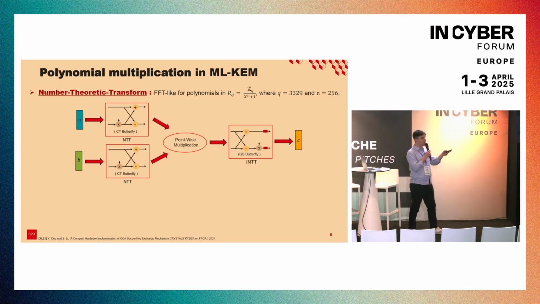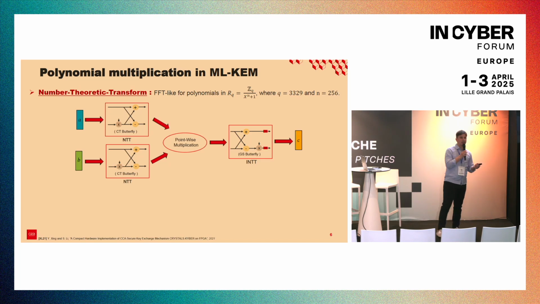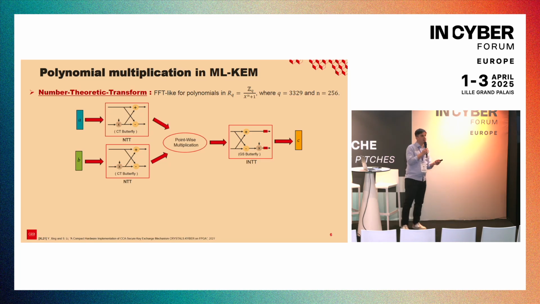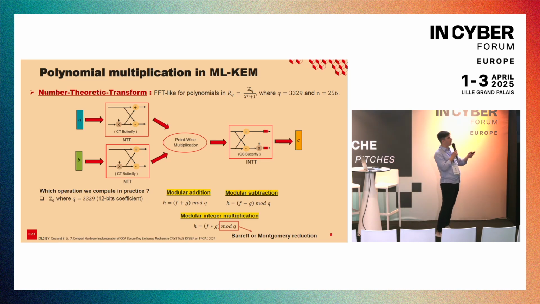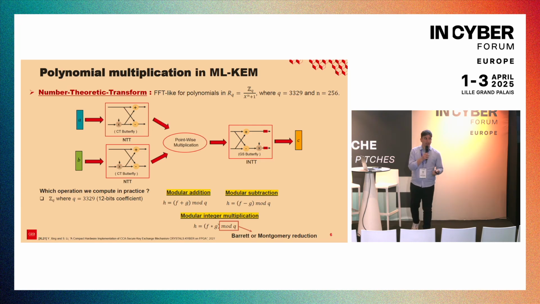If we look at this processing element inside the FFT and inverse FFT steps, we can see that it has the shape of a butterfly structure. If we enter into the details of this butterfly, what we can find are operations such as modular addition, modular subtraction, and modular integer multiplication, which are performed on a finite field.